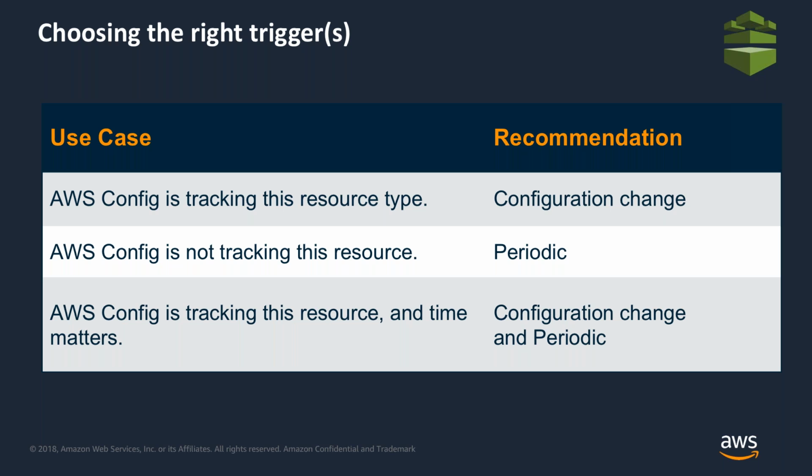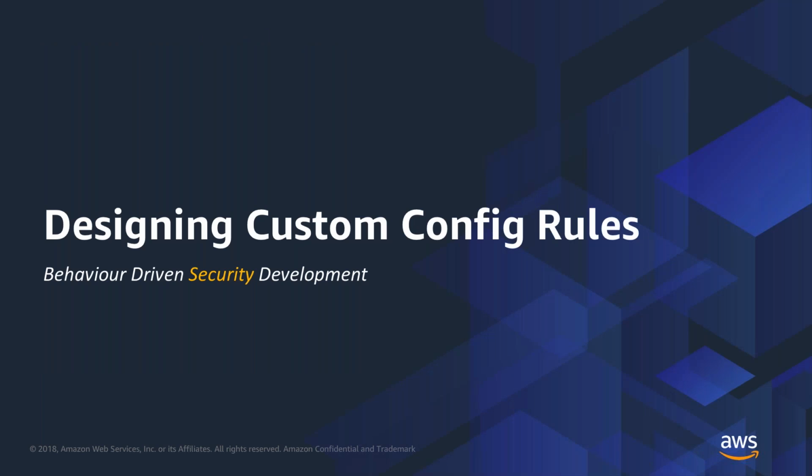So for those services that AWS Config doesn't support, you can use a periodic trigger. In some use cases, you may want to use both a periodic trigger and a change trigger. You can use both triggers, but just note that this will make your rule logic quite complex. So, to keep it simple, it's best to stick with either the configuration change trigger or the periodic trigger.